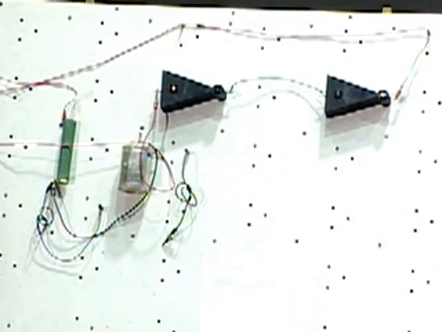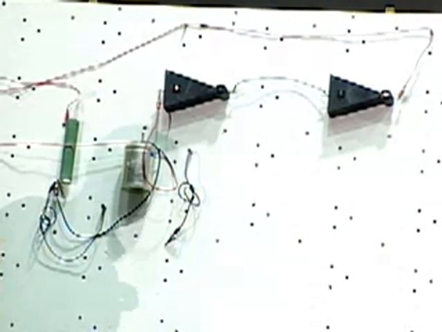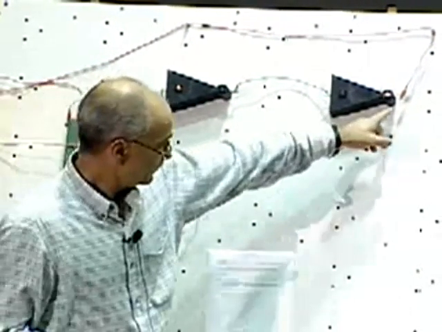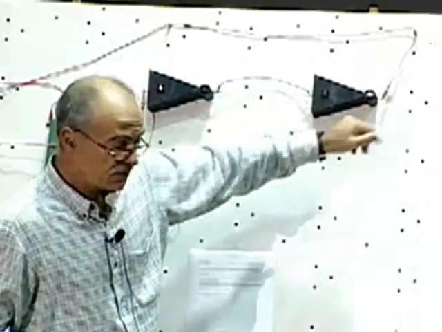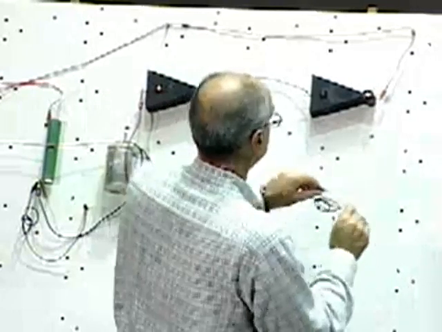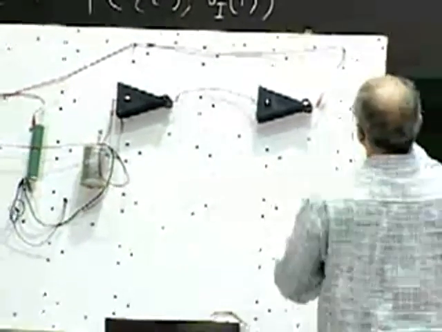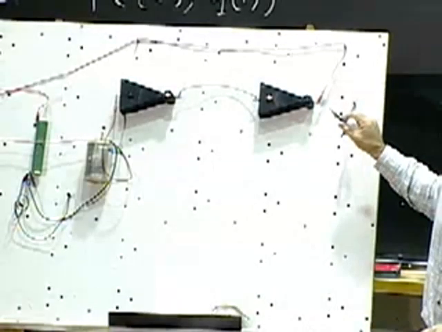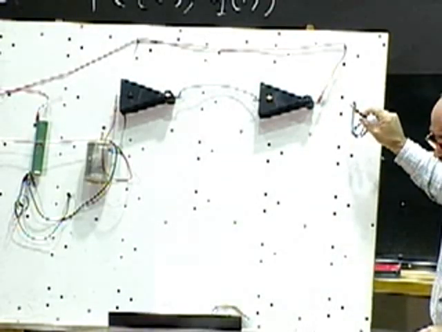Now, there is still one little problem with this kind of configuration, and that is that if I disturb this output, the state may change. So, for example, let's say I disturbed it by coming close to it, okay?